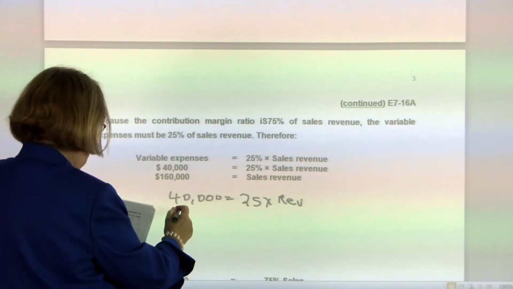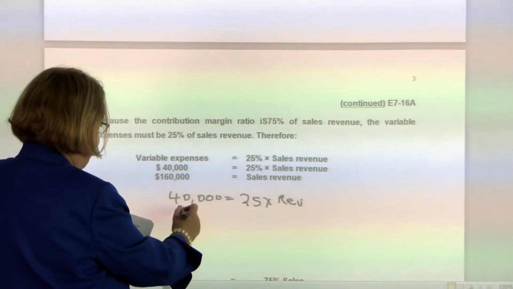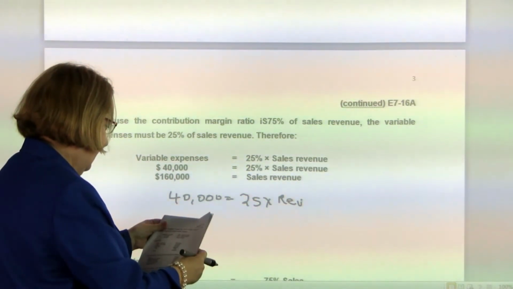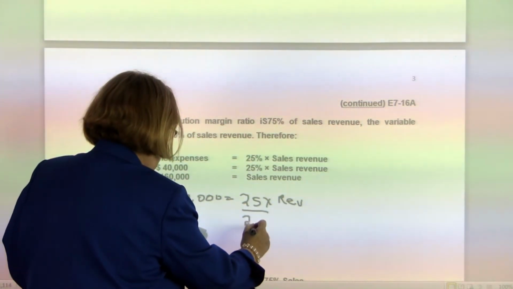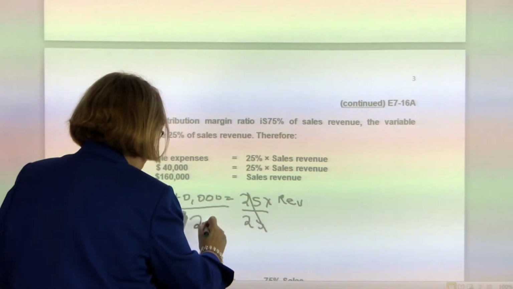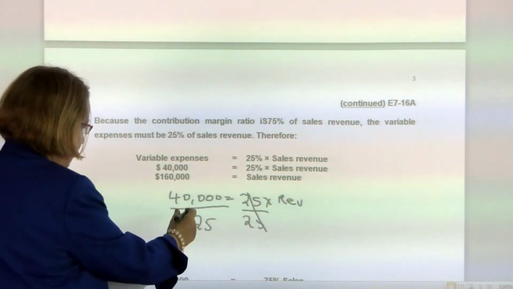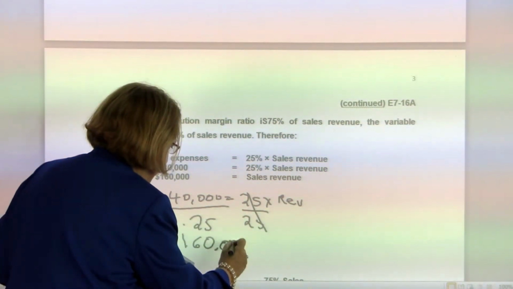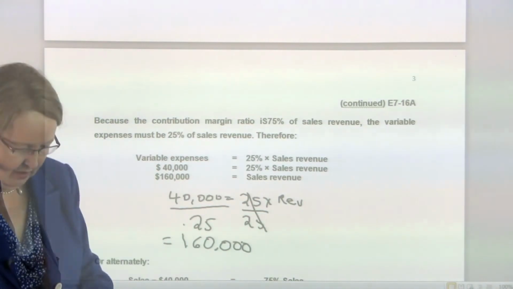And of course, we are trying to get that 25 on one side of our equation. So we're going to divide by 25%. So 40,000 divided by the 25% will equal the 160,000. So that's just showing you the algebra as to how we got there.